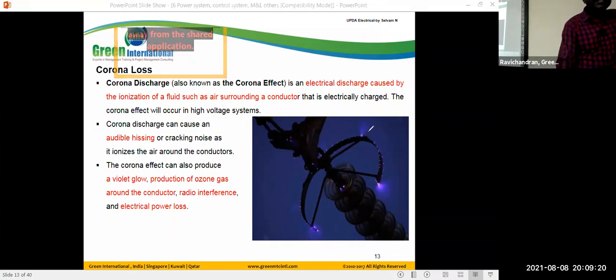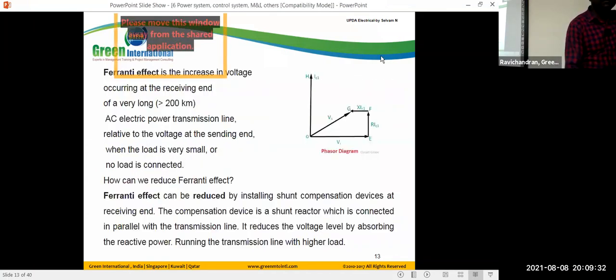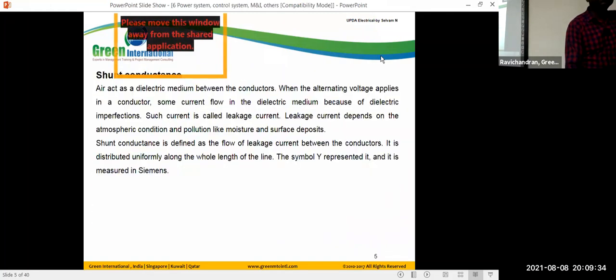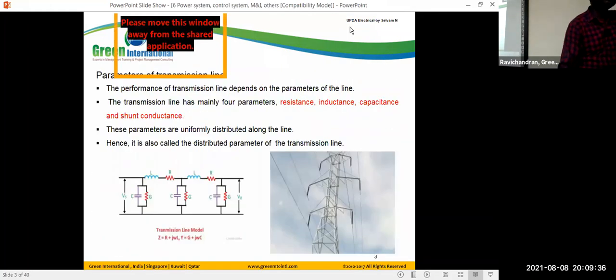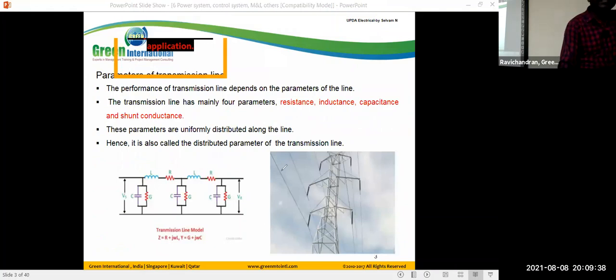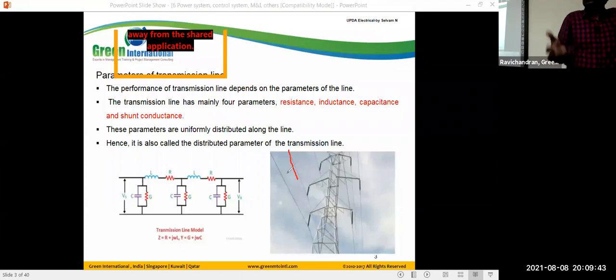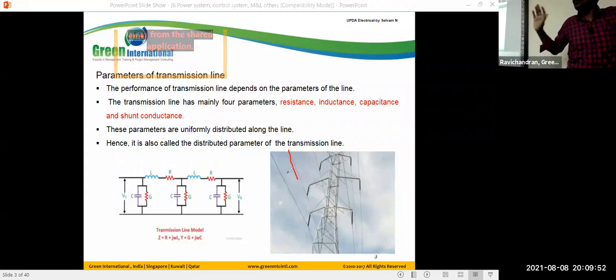See here we have a blue color, the violet colors. If the conductor carries, so these are the transmission lines. These transmission lines may carry 400 kV, 220 kV, 110 kV, 66 kV, whatever the values are.